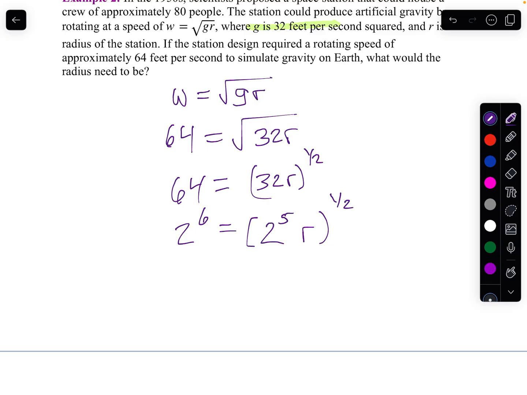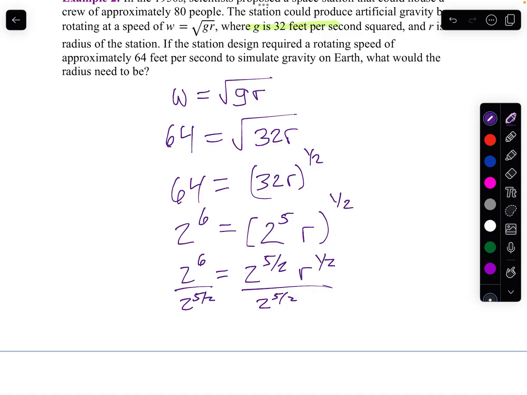So let's distribute that 1/2. So 2 to the 6 equals 2 to the 5/2 times R to the 1/2. Well, notice I can divide 2 to the 5/2 from both sides.